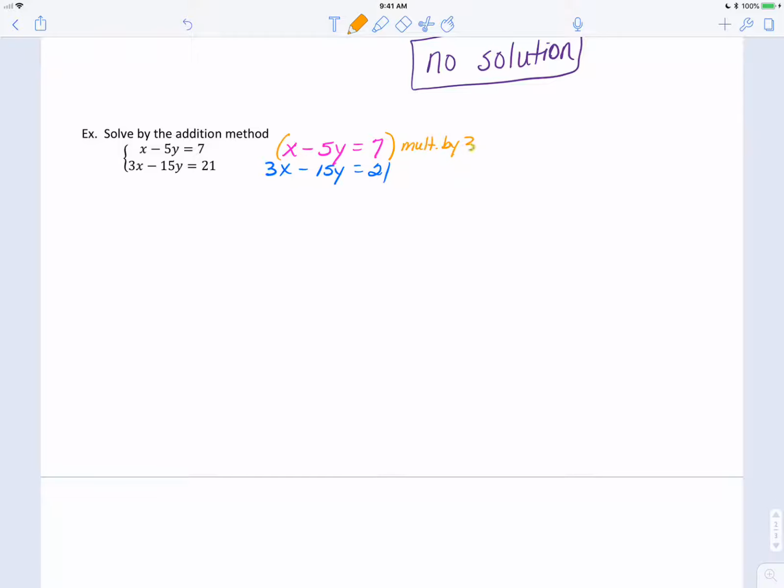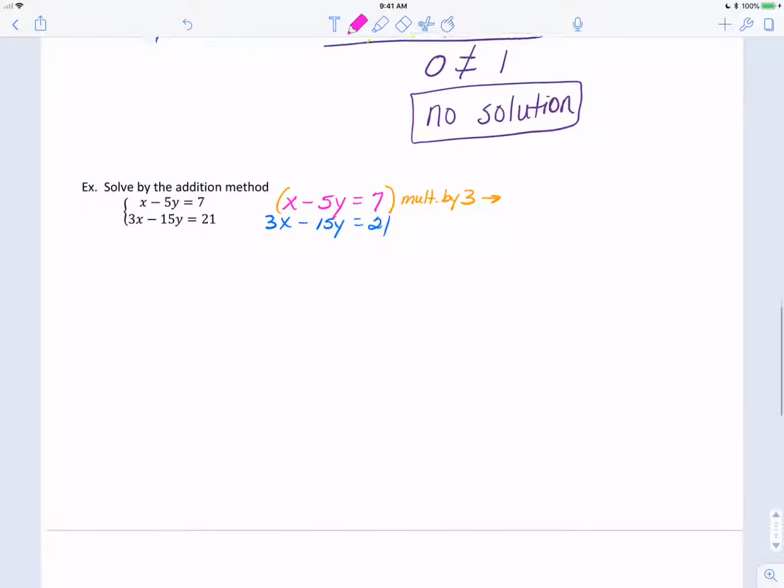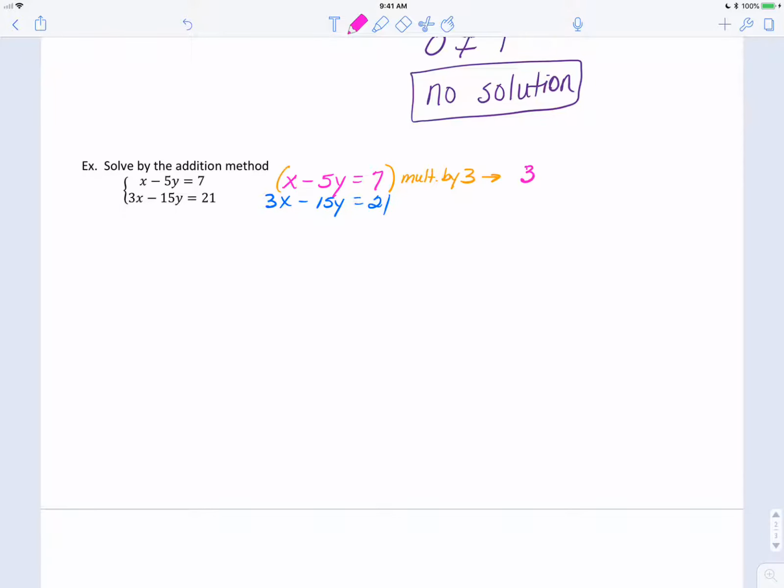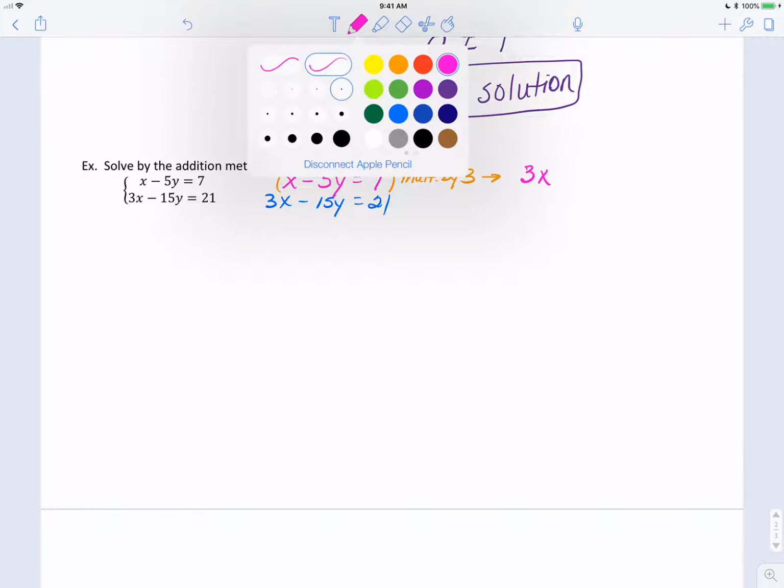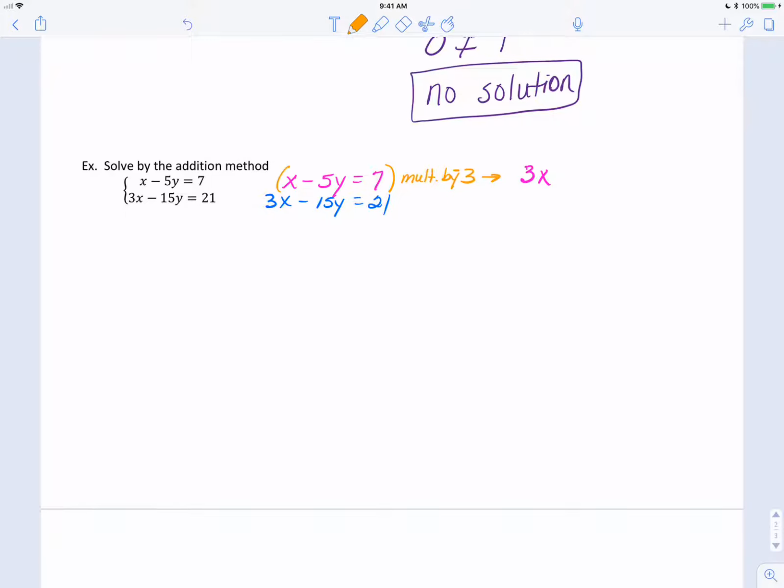And remember, you don't have to always manipulate for your x values. You can also manipulate for your y values. It doesn't matter. So if I multiply every term in this top equation by a 3, that gives me 3x. Oh, I need a negative 3, don't I? Negative 3. Okay, so that's going to give me, negative 3 times x is negative 3x. Then negative 3 times the negative 5 is positive 15y, and that's going to be 7 times negative 3, negative 21.